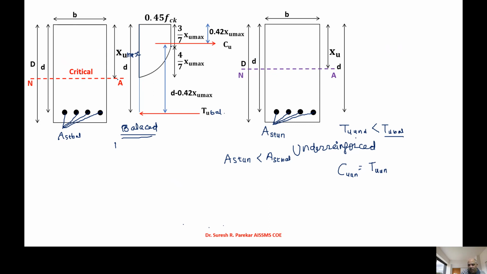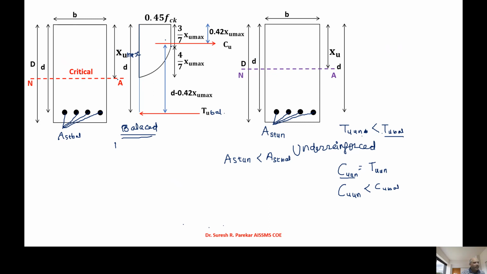And as TU under reinforced is less than TU balanced, we should have CU under reinforced less than CU balanced, and therefore my stress diagram is less than the stress diagram for the balanced section.